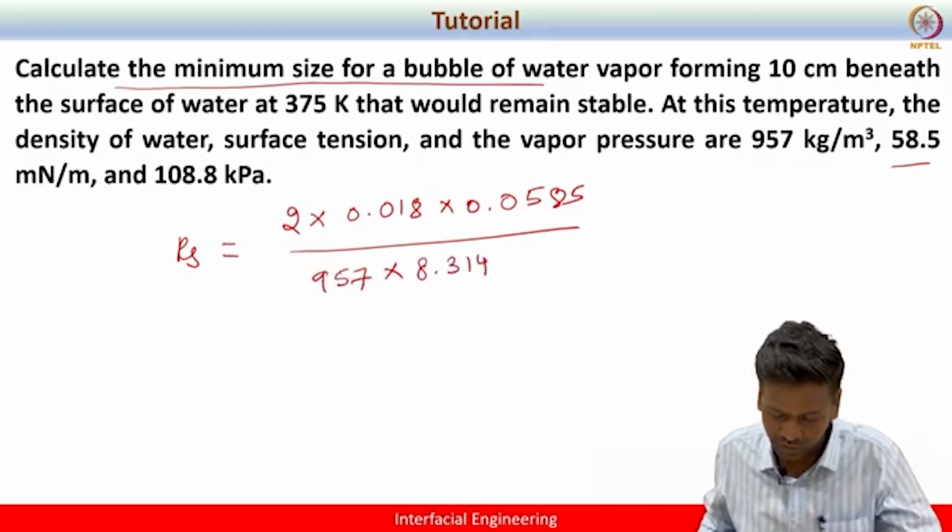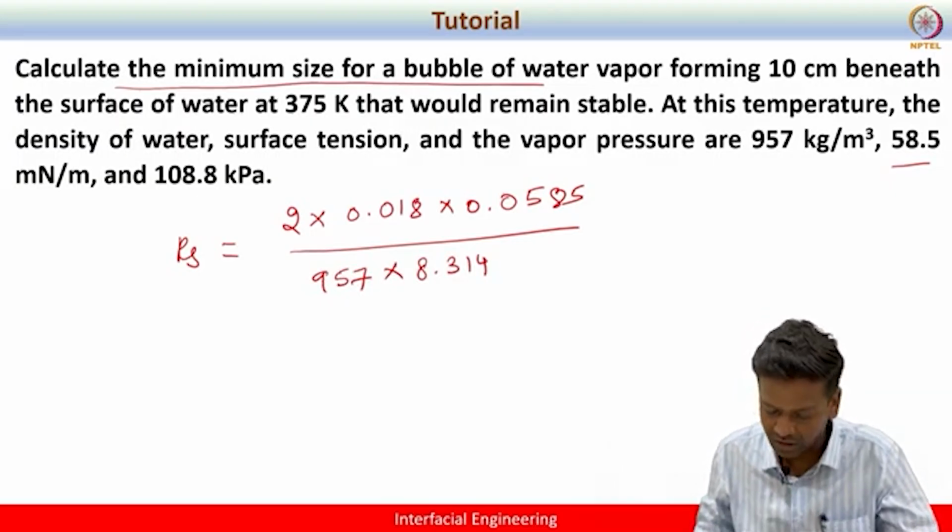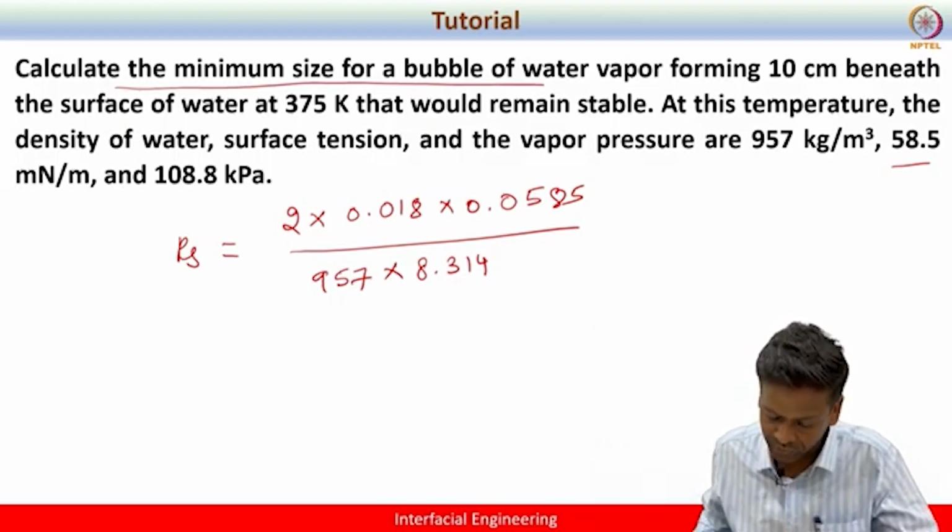So the radius of the spherical bubble can be calculated in this way.